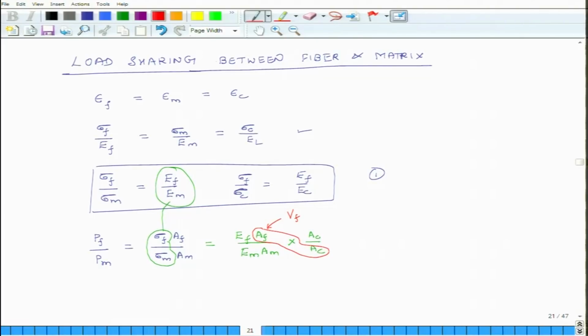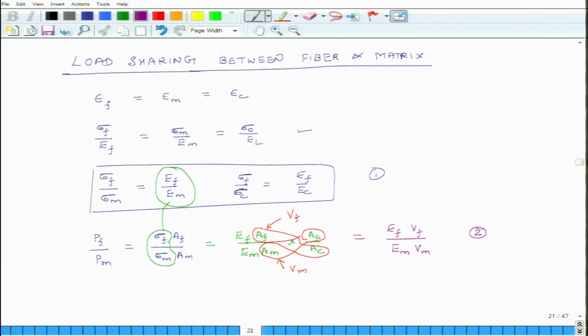And what is AM over AC? VM. So, what I get is EF VF over EM VM. Okay. So, this is equation 2.